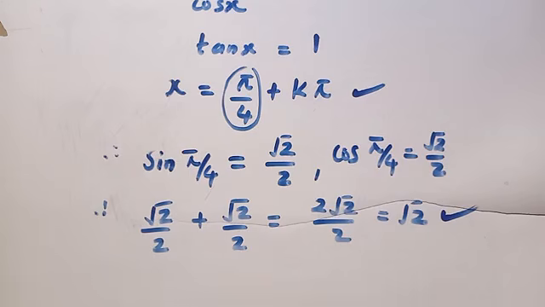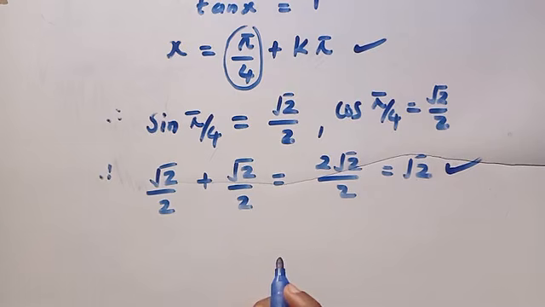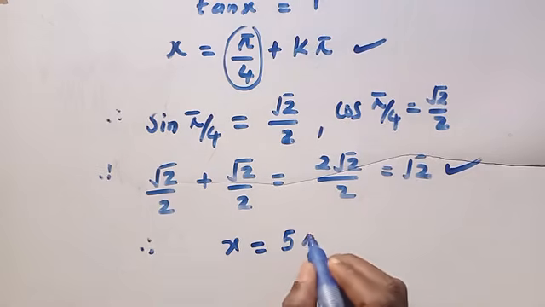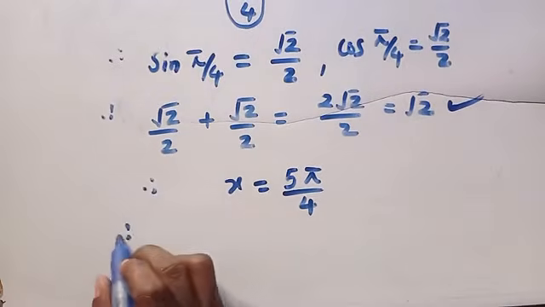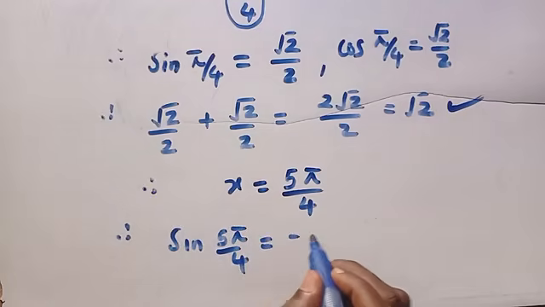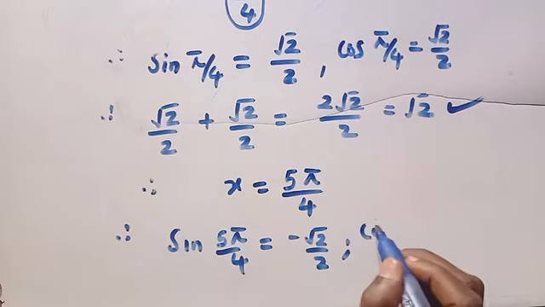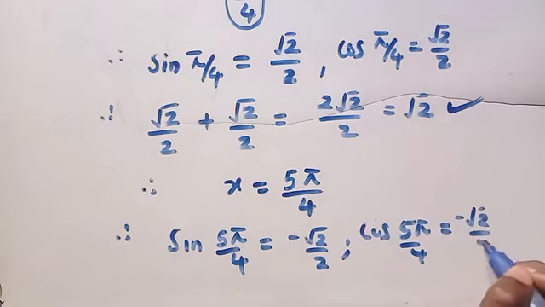But again, if we have something different from this, let's say we try to check for other x where tan x equals 1. Let's see if they fail or they hold. Assume that I have x equals 5 pi divided by 4. If we check for sine 5 pi over 4, this equals minus root 2 over 2, and cos 5 pi over 4 also equals minus root 2 over 2.